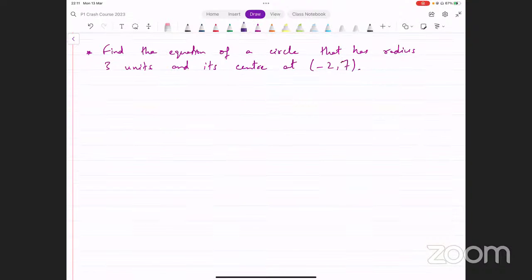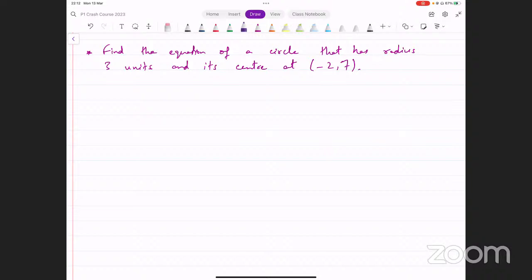Now, you have to remember the standard form for the equation of the circle. Just like we had standard forms for straight lines, y equals mx plus c was one possible form, and another form was y minus y1 equals m into x minus x1, you also have to remember the standard form for the equation of a circle. What does it look like?